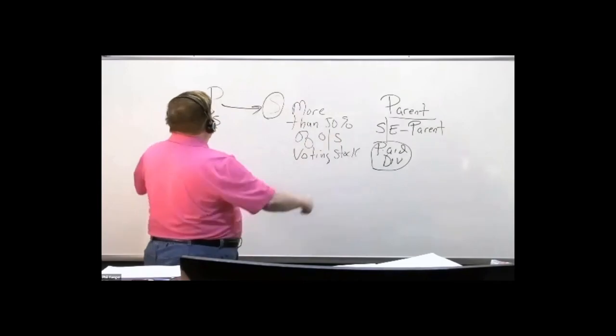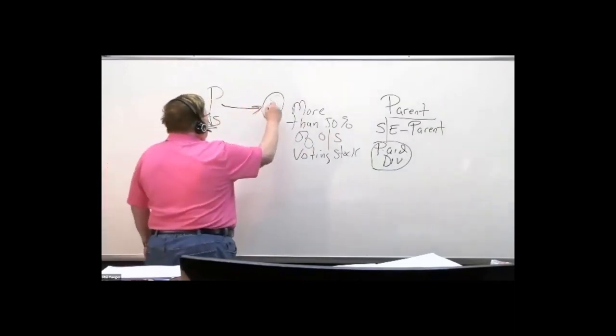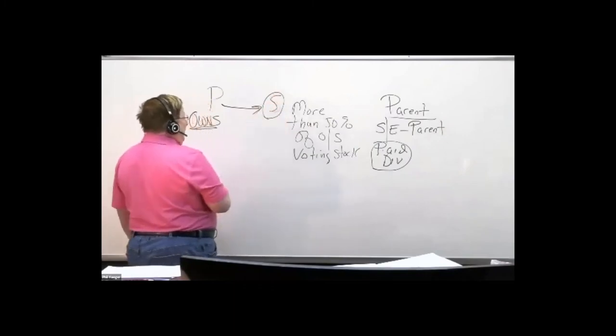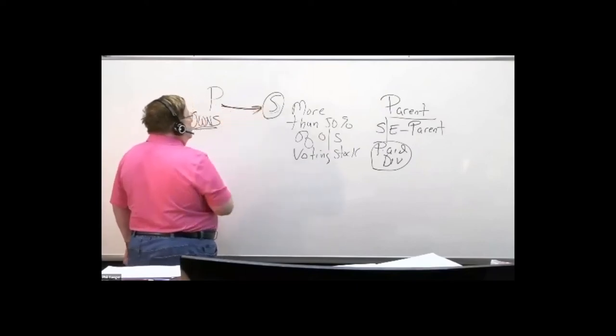And we're going to make all these intercompany eliminations and adjustments, because remember, the parent and the sub are really the same company. But you cannot make a profit selling to the sub because it's yourself.